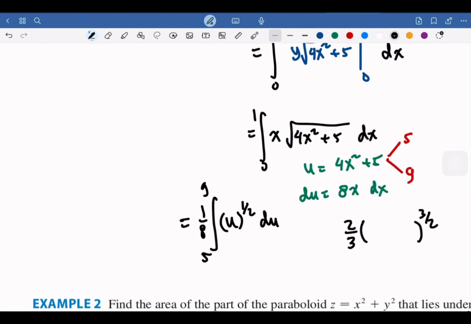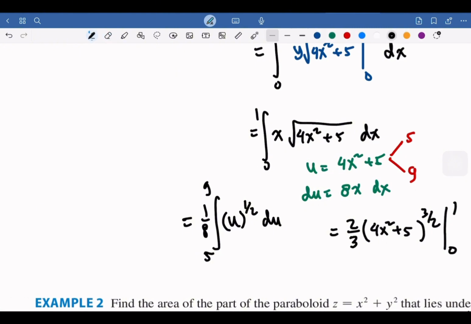And I will put back the 4x squared plus 5. And then I will just take this 0, 1, and then this will be your answer. Okay, so it could be using this 1 over 8. I forgot 1 over 8.